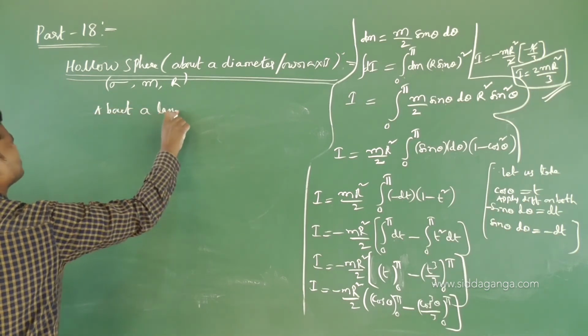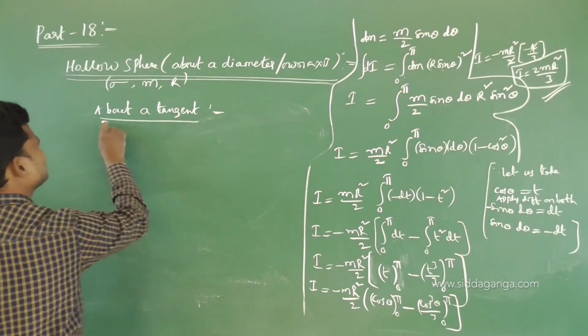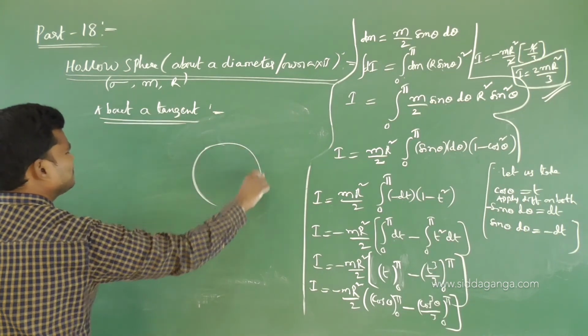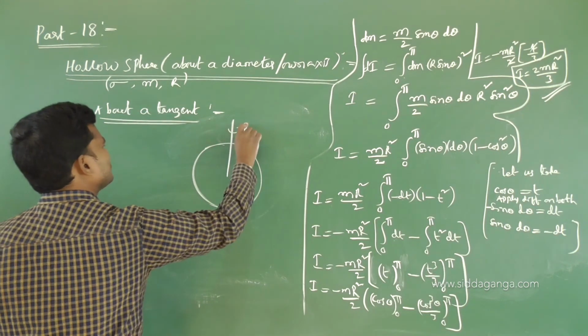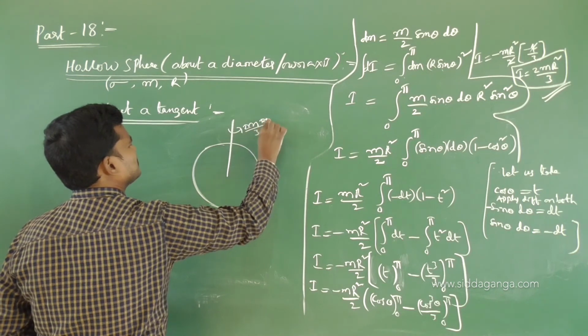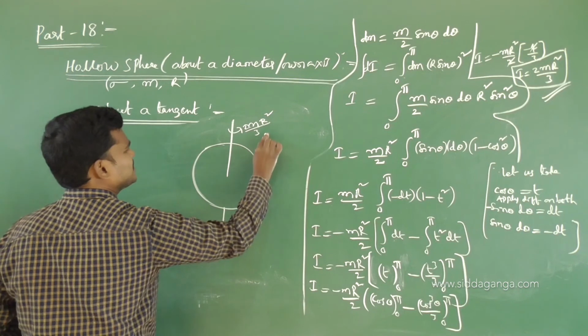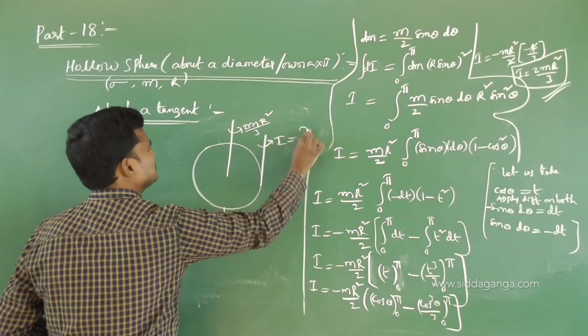See, this is the hollow sphere. About this we got it as 2 by 3 mr square. Now our target is to find out about a tangent, about this. So, very simple.